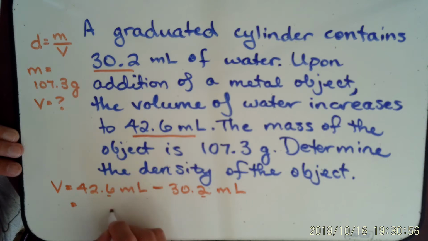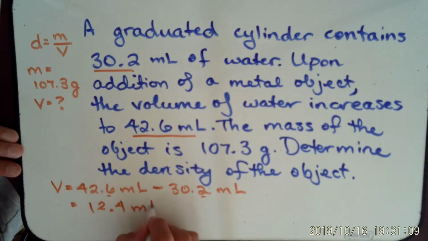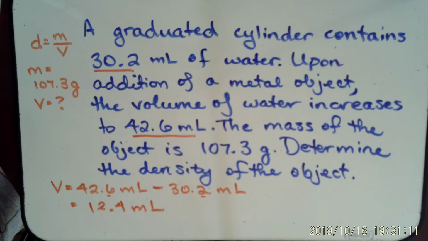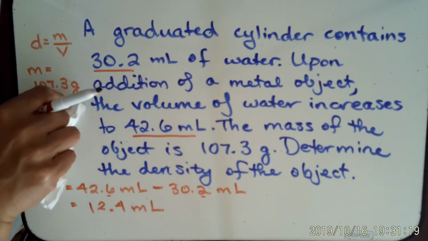So this is going to be 42.6 minus 30.2, which gives 12.4, not grams, sorry, milliliters. What was I thinking? Okay, so if I add this together, I should get my final volume. So now we know our volume.